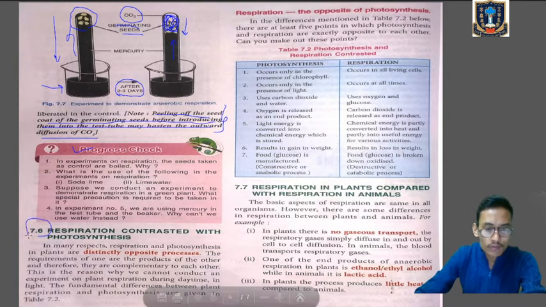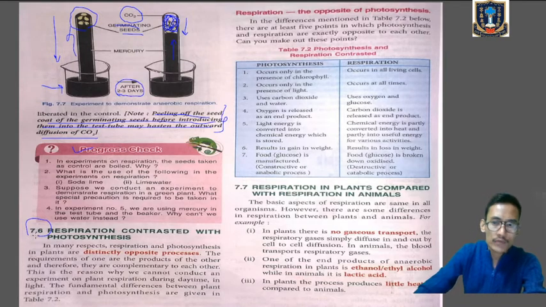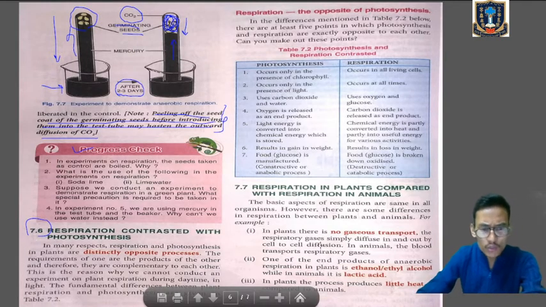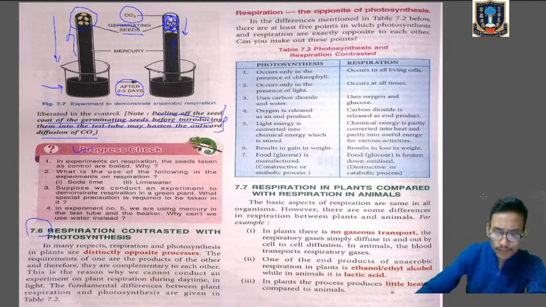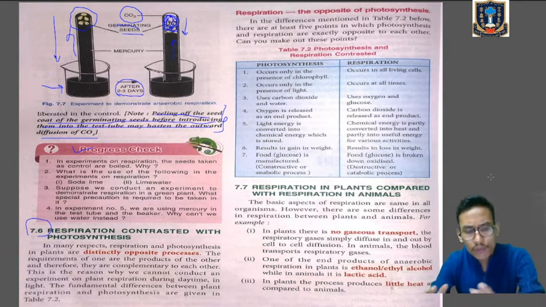Respiration contrasted with photosynthesis, or we can say the difference between these two processes. Now mostly the process of respiration and photosynthesis is usually different. We have mentioned that photosynthesis is an anabolic process, whereas respiration is a catabolic process, that we know. So these two processes are completely opposite to one another.